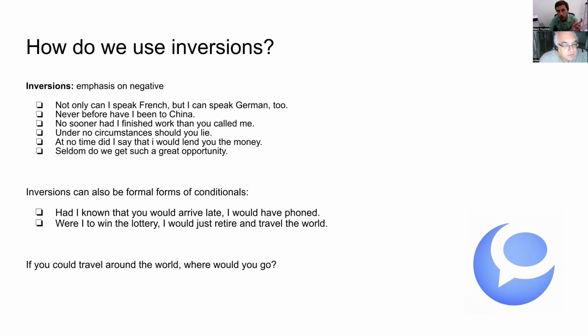Notice it's were, subject, infinitive. It is a strange structure. Were I to win the lottery is if I won the lottery. Now these are more formal than normal conditions, but we do use them, especially in writing.